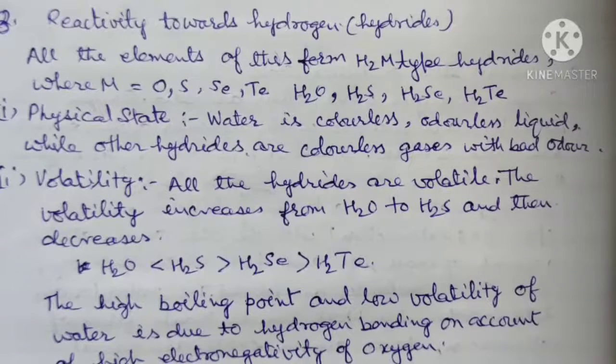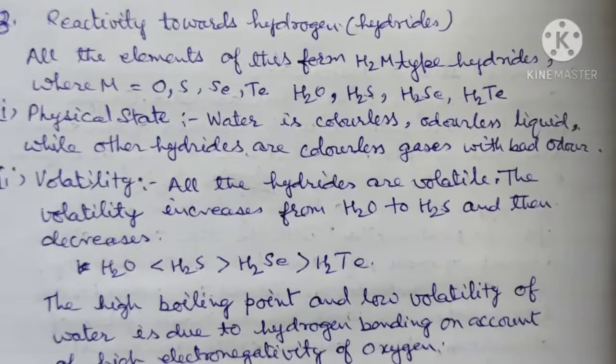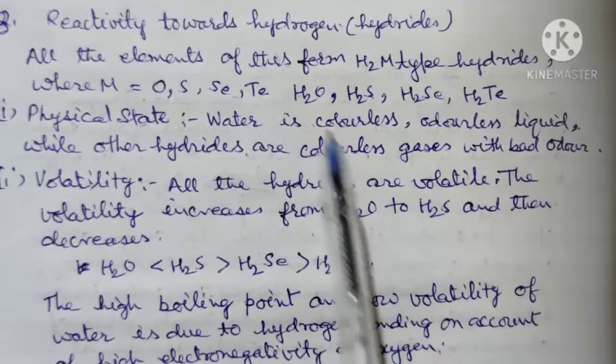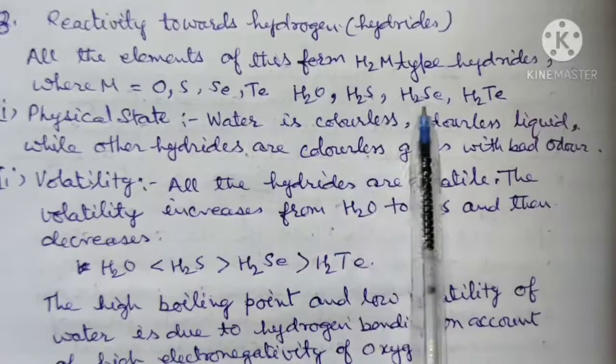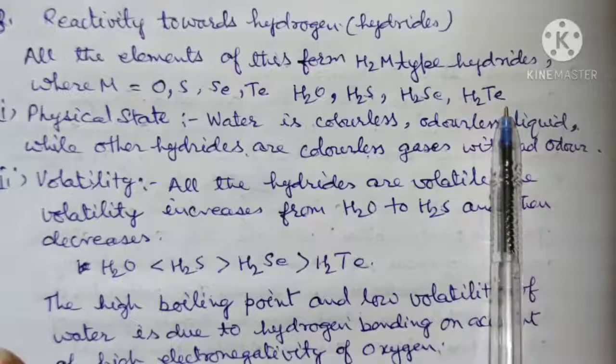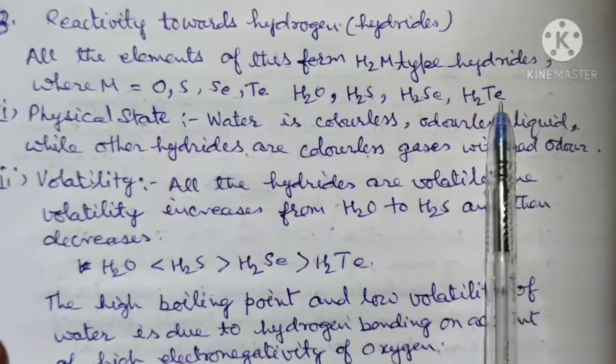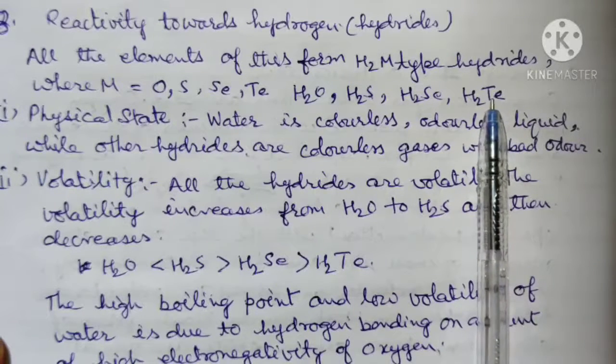You already know the valence of these elements is -2. So here the hydrogen will be +1 and the oxygen and sulfur will be -2. So they form the different hydrides like H2O, H2S, H2Se and H2Te. Now we'll study the properties of these hydrides.